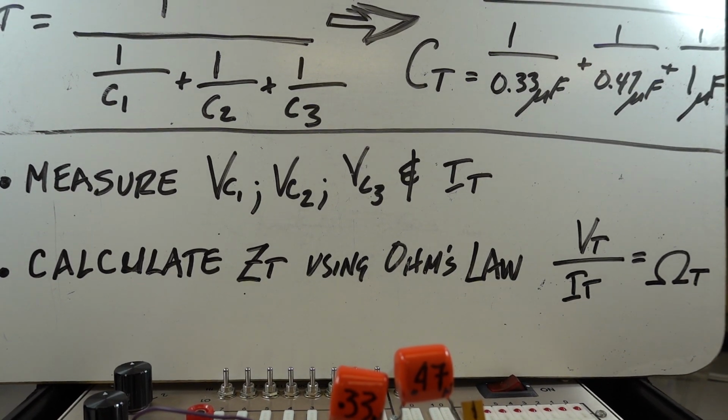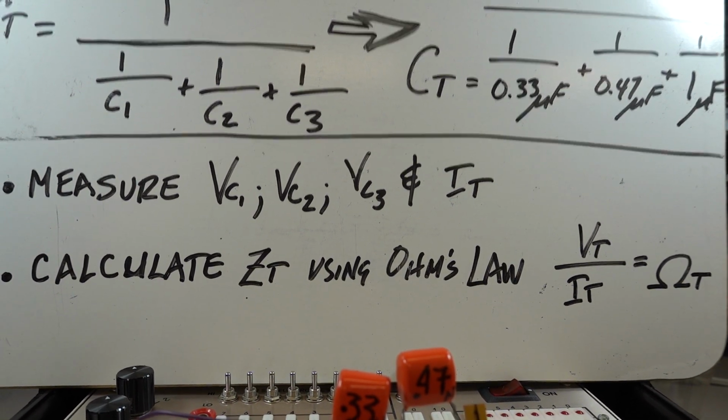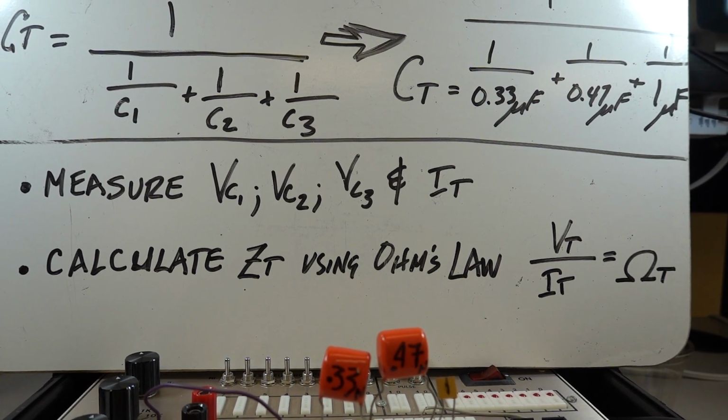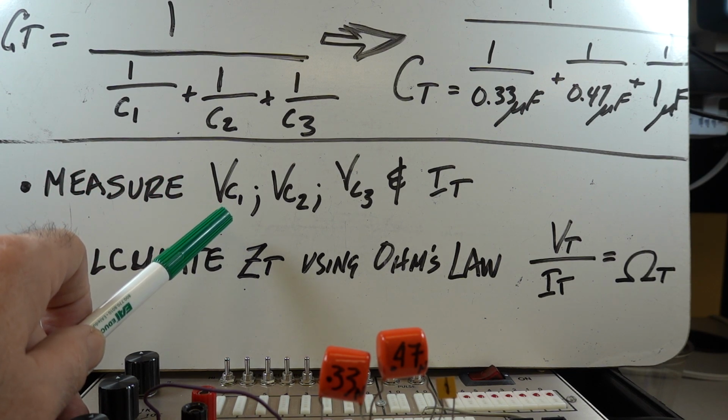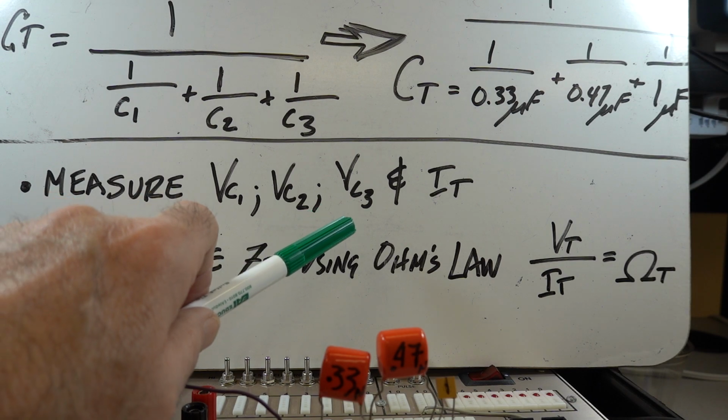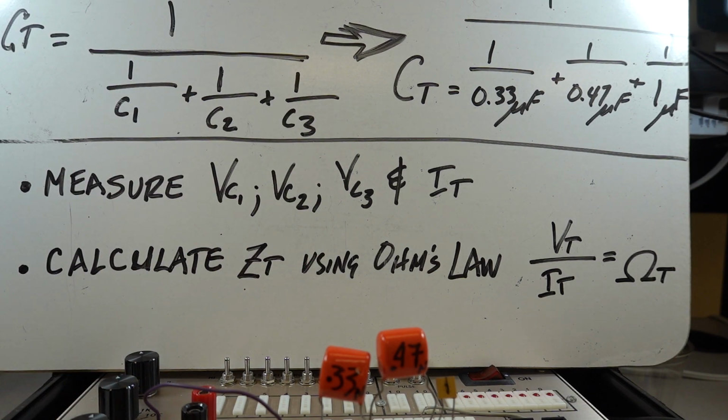Now, what are you doing as an experimenter? I've asked you to measure 4 things in this experiment: the voltage on capacitor 1, the voltage on capacitors 2 and 3, and the total current. Those are my voltage drops and my total current, which in a series circuit is only one current.